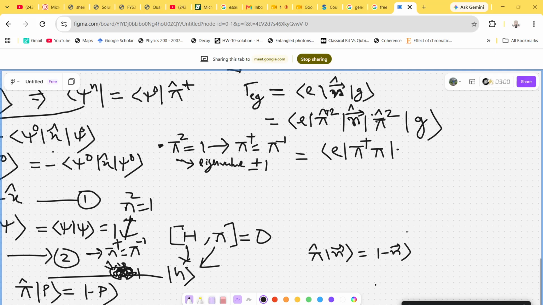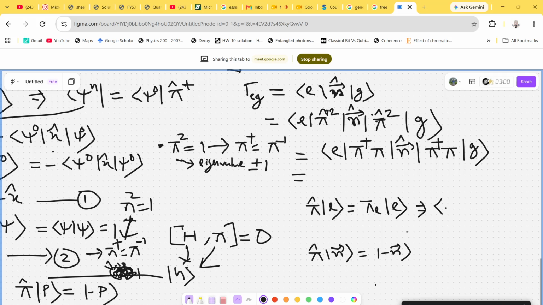I think I should write pi square pi. Then what will happen to it? So pi e equals pi e into e, right? So this pi cap dagger is equal to e into pi e.